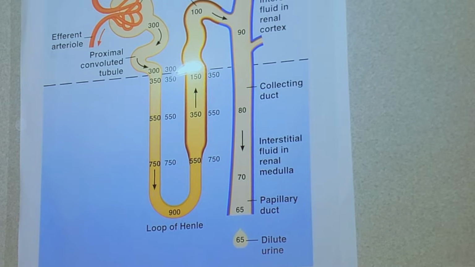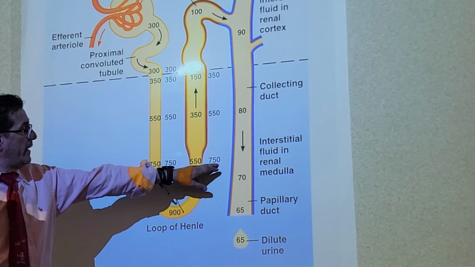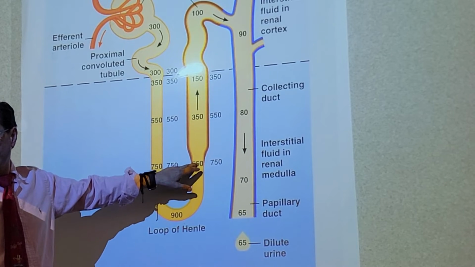And then as the loop is going up, the ascending loop of the loop of Henle, you're actually getting more of the particles moving out, and therefore the summit is pulling water out. Reabsorption. That's why you're actually seeing the levels are higher here in the tissue space than in the tube.